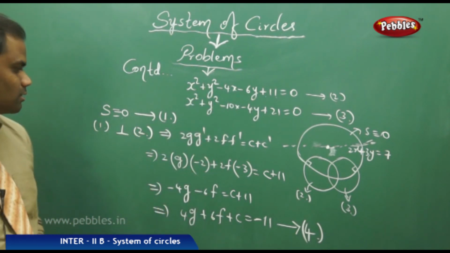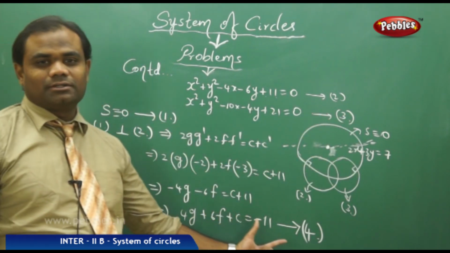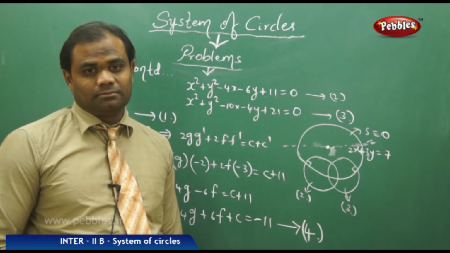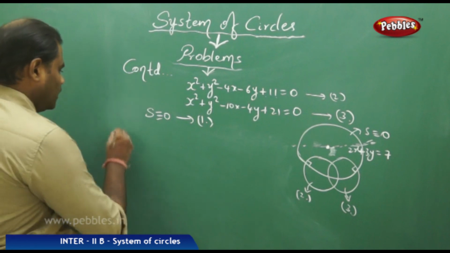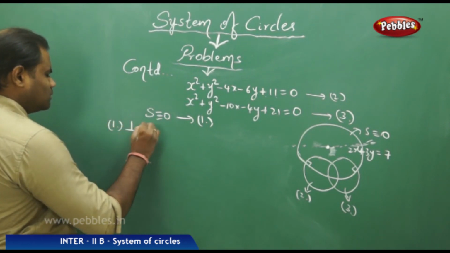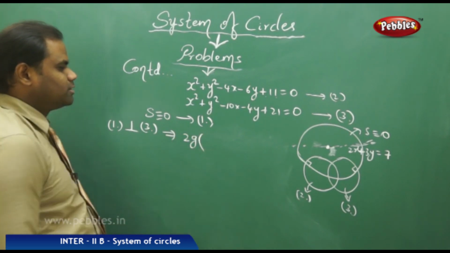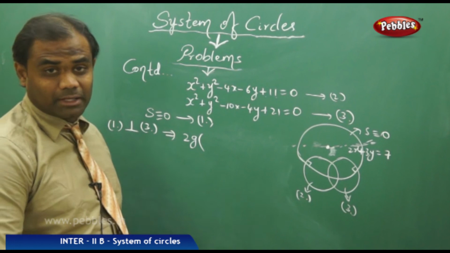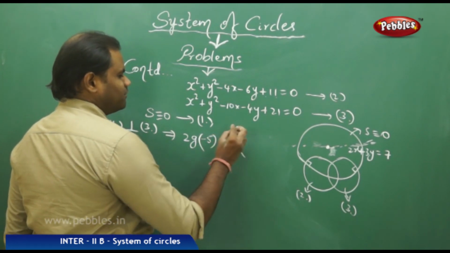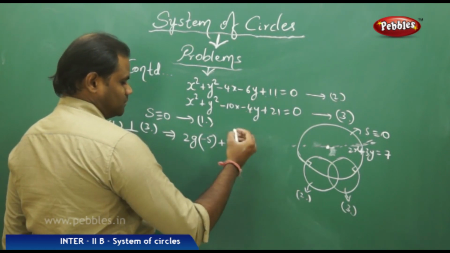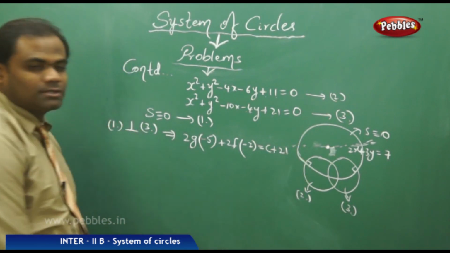So this is equation 4, which I have obtained by taking the orthogonal condition of 1 orthogonal to equation 2. Similarly, the second case of 1 orthogonal to equation 3 gives me another equation in g, f and c. So let's go with the second case. Now similarly, 1 is orthogonal to 3 implies I get 2g, g dash in this case is half of minus 10, which is minus 5, plus 2f, f dash is half of this, which is minus 2, that is equal to c plus c dash.